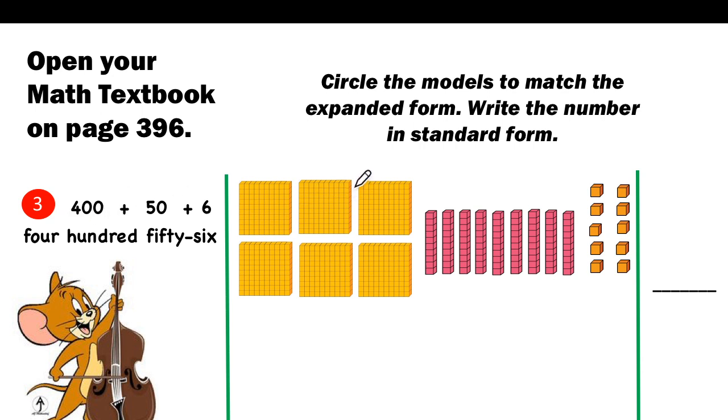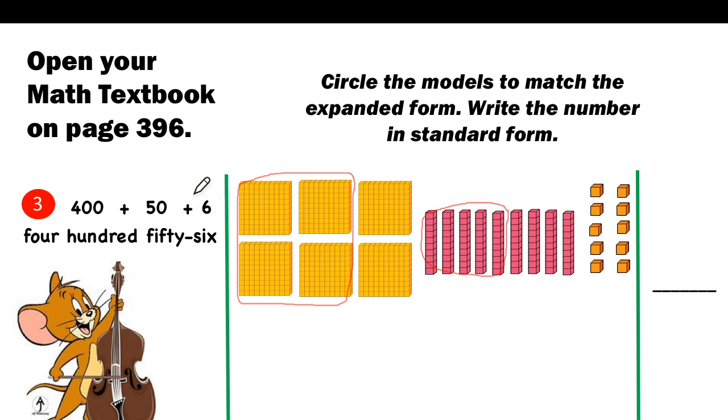Let's circle 4 hundreds. That will be 1, 2, 3, 4. 400. Now, how many tens do we need to circle? This is 50. 50 has how many tens? 5 tens. Let's go and count. 1, 2, 3, 4, 5. Good. Circle 5 tens.